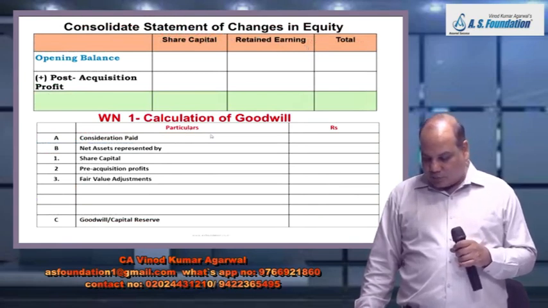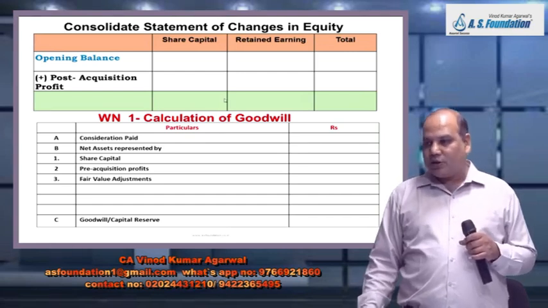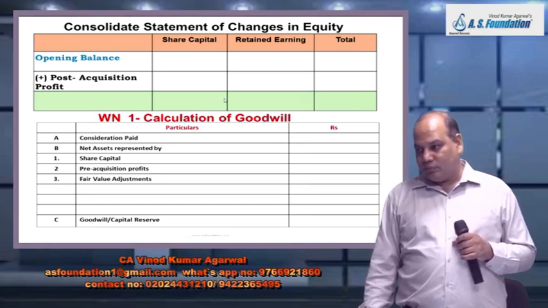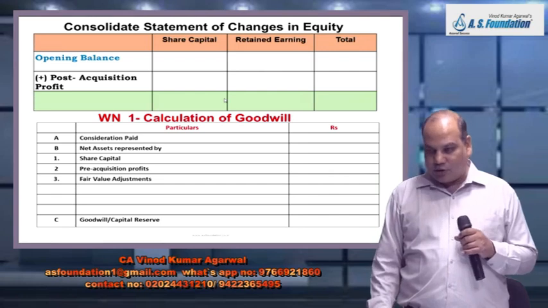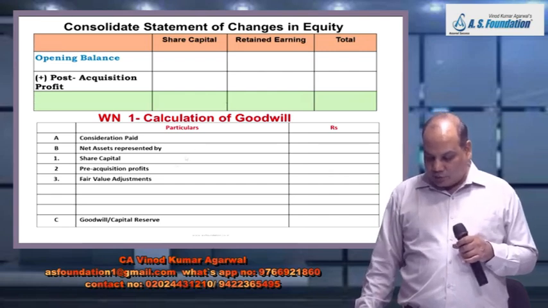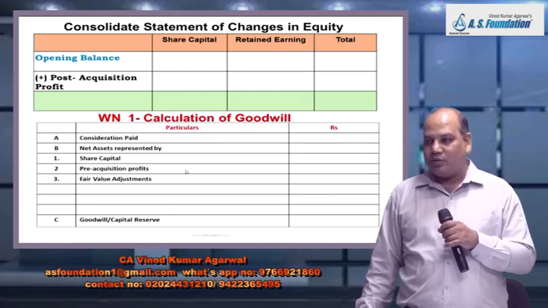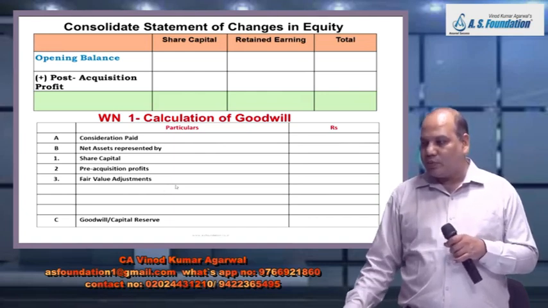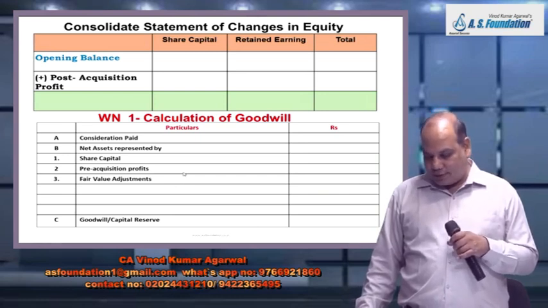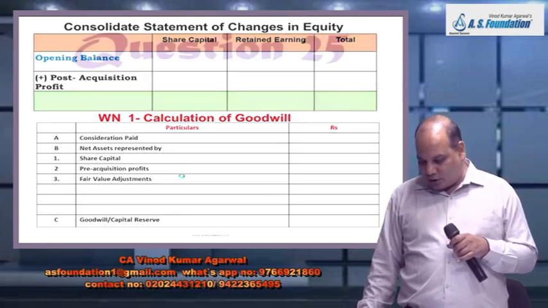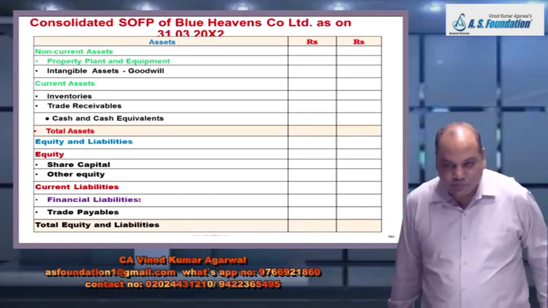And one more statement, we will prepare calculation of goodwill. It's a 100% subsidiary. NCI is not required. All profits are pre-acquisition. So that pre-acquisition adjustment I am directly going to do in the goodwill working only. Or you want to make one more separate working? No, you can do here only. Yes. So if you are smart enough, we can start solving immediately because we don't have much work to do.